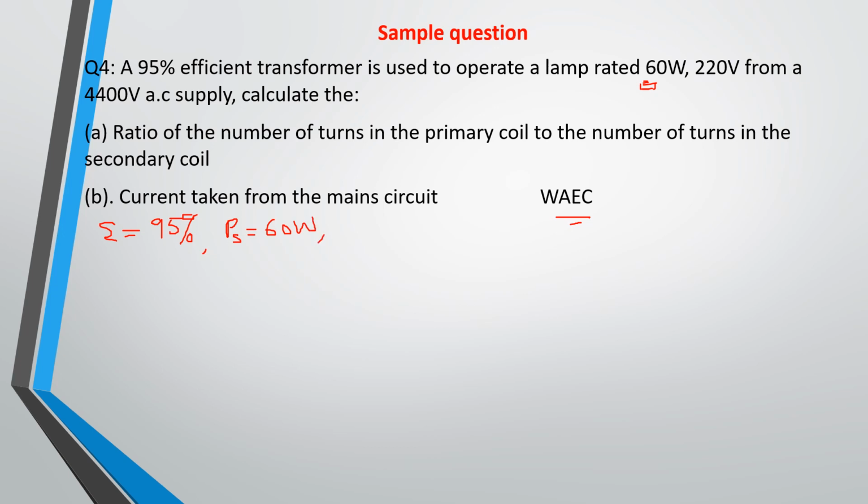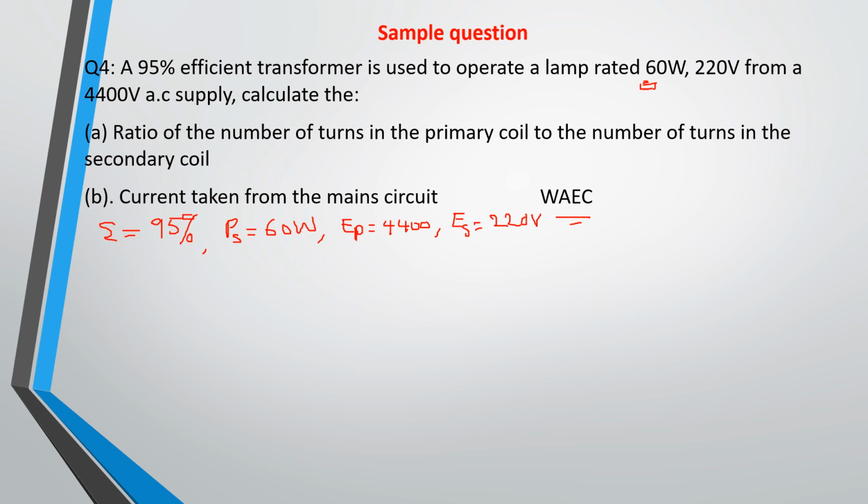Then we are given the electromotive force, or the voltage, in the primary coil to be 4400, and the voltage in the secondary coil, ES, is equal to 220 volts.